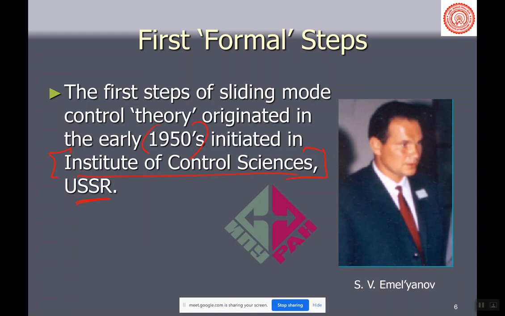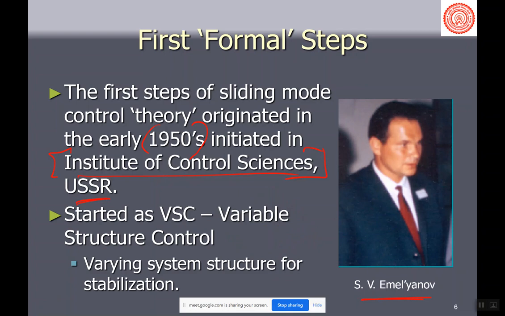A researcher, Professor Emelianov, got interested in studying this concept in a more mathematical, more formal way, and that interest led to what was called the variable structure control concept.